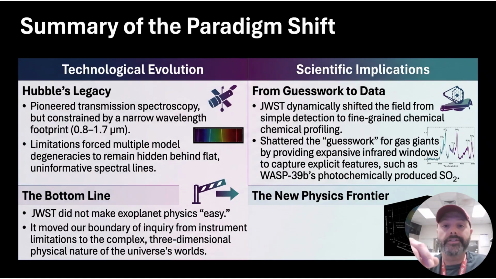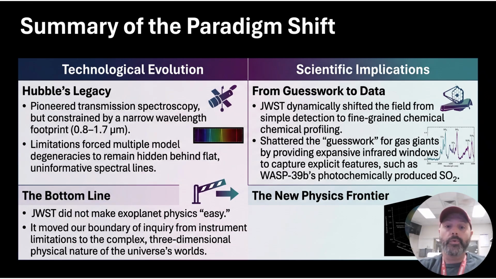So, in conclusion, JWST didn't make exoplanet physics easy. Instead, it just moved the goalposts for us. We've shifted what we questioned from being limited by our instruments to now grappling with the complex three-dimensional physical nature of these worlds. So we've graduated from statistical guesswork to the era of planetary science.